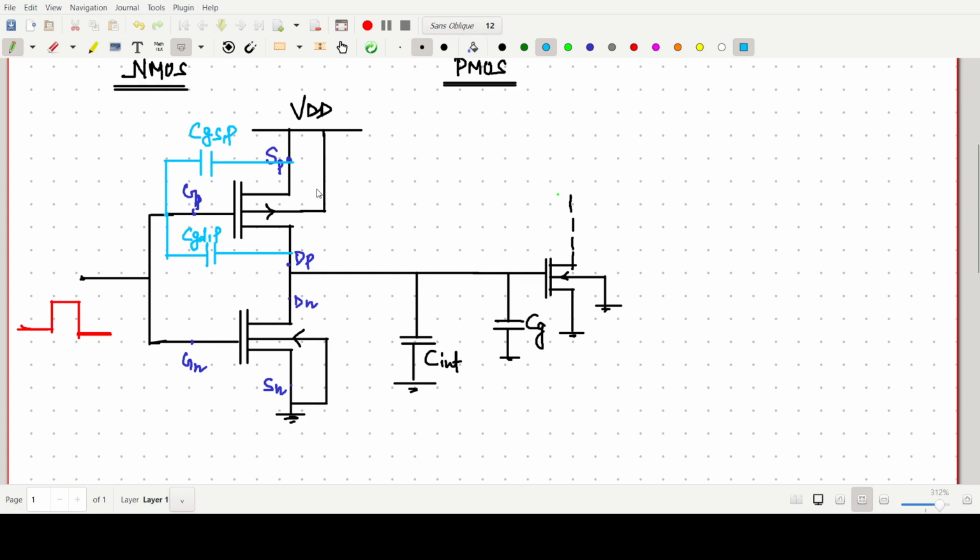Now we can make one capacitor here, or you can directly connect here, same thing, this is all a wire.